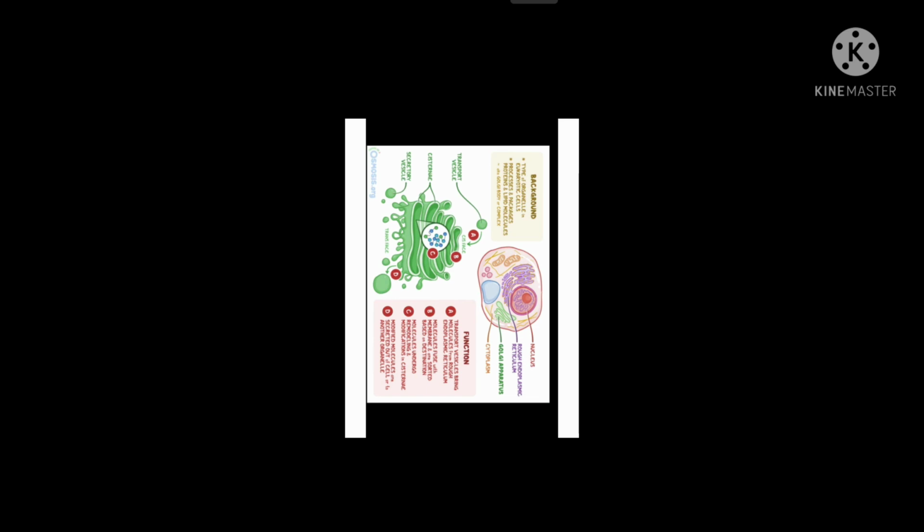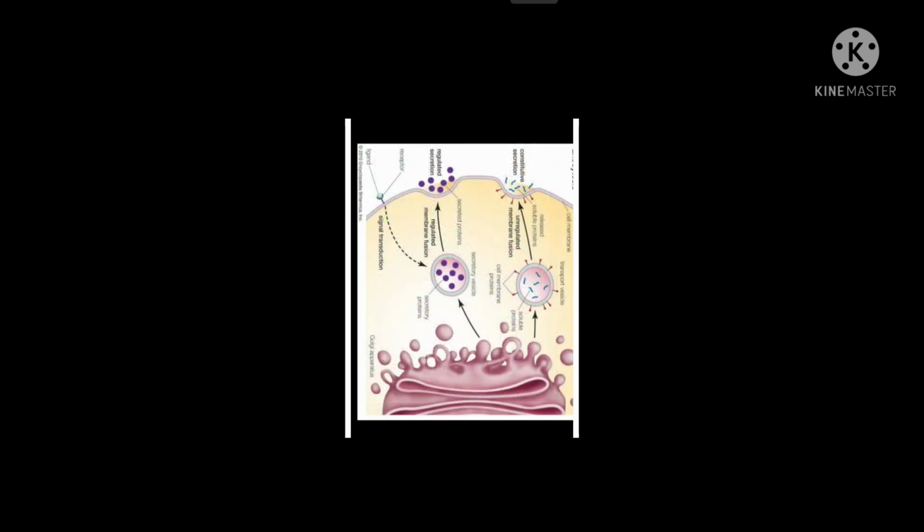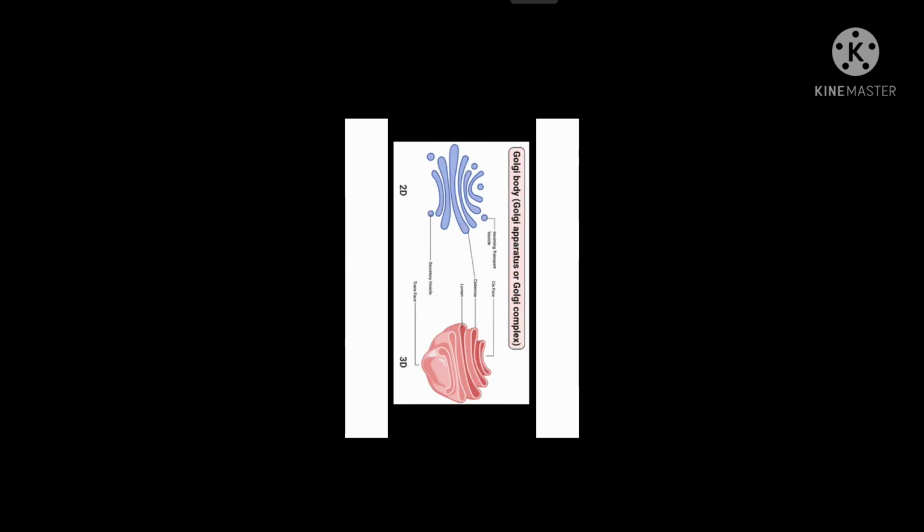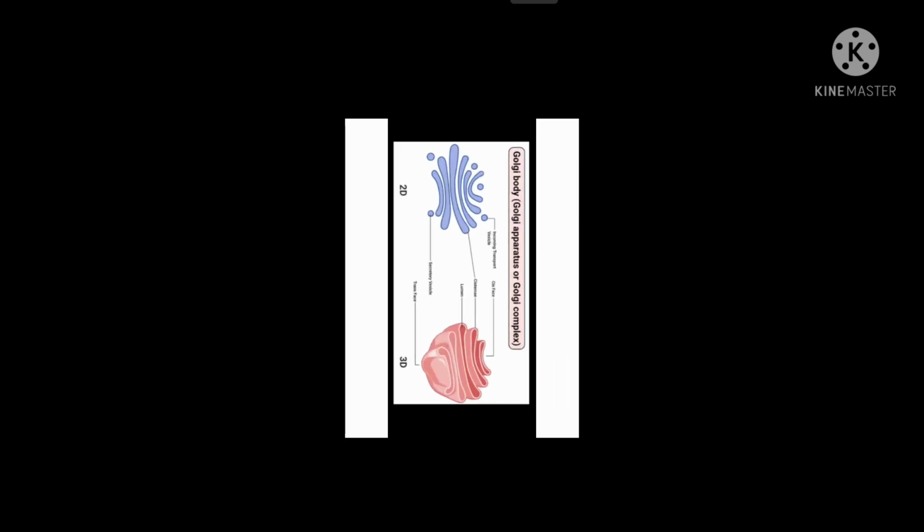The second: the Golgi complex is present everywhere, but it is not present in mature sperm, nor in the RBCs. But during the early stages of sperm development, the Golgi complex is present and forms the acrosome, which is helpful for penetration of the ovarian membrane.